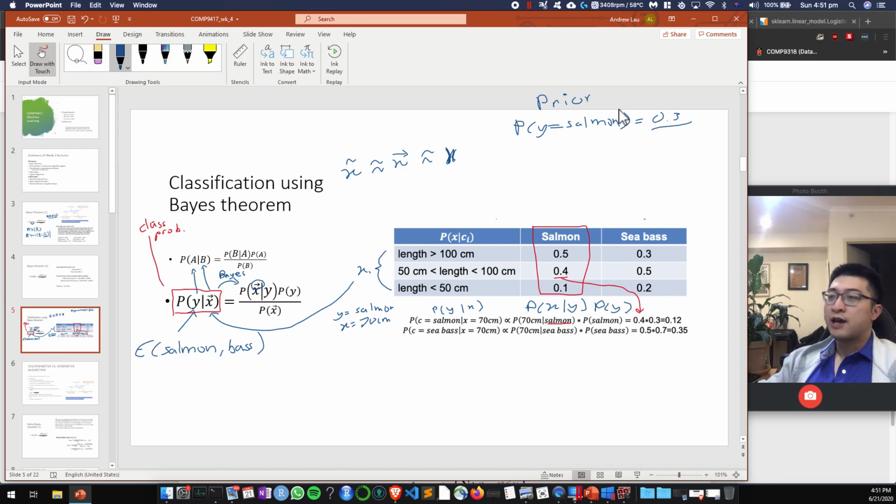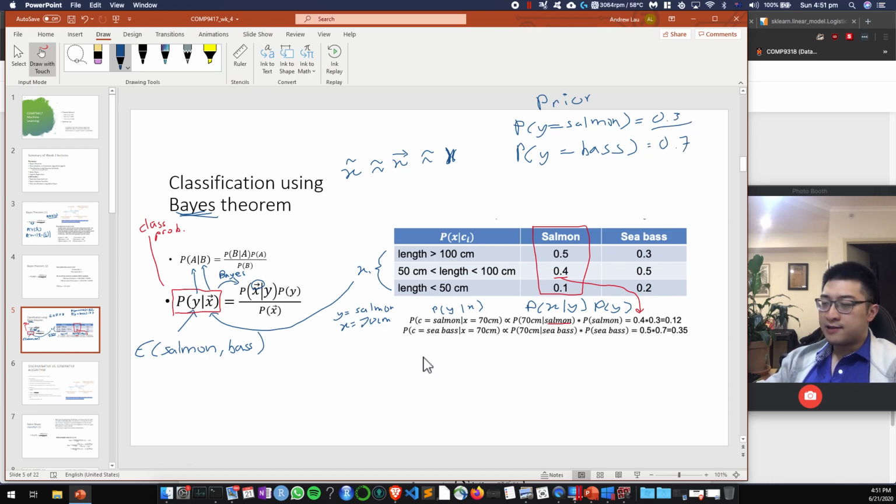But then after you see how long it is, you change your view. So this is called the prior. And you could also have the prior for bass, which is 0.7 in this case. But this is given to us. And the prior can be updated over time. That's the beauty of Bayes. You feed in your prior knowledge, and then over time this could perhaps shift.